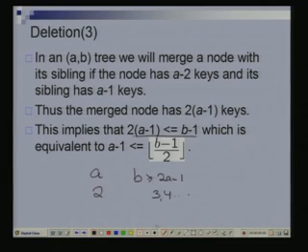Is that okay? So that is the thing that we need to keep in mind, right. So if we have a as 5, then b has to be at least 9, and so you cannot have a 5 7 tree, this will not work, but a 5 9 tree is okay.